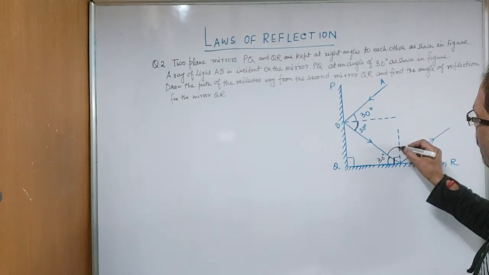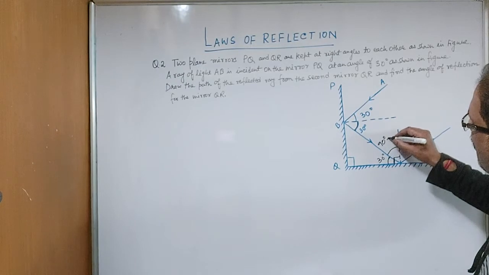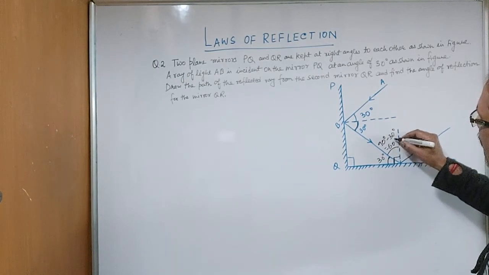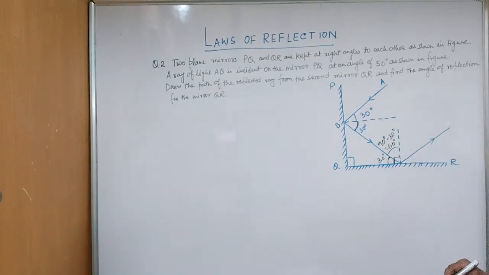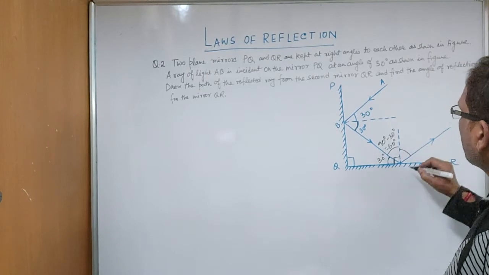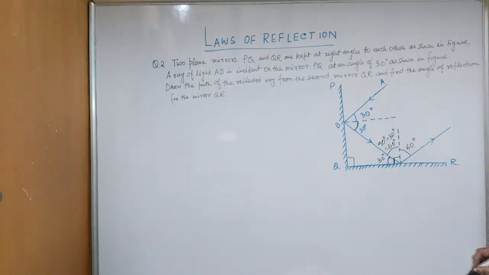So this angle will be 90 degree minus 30 degree. So here the angle of incidence will be 60 degree, and hence the reflected ray will make the same angle, that is 60 degree, according to the law of reflection.